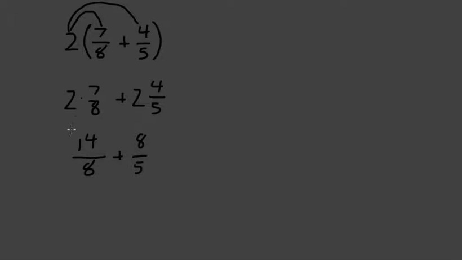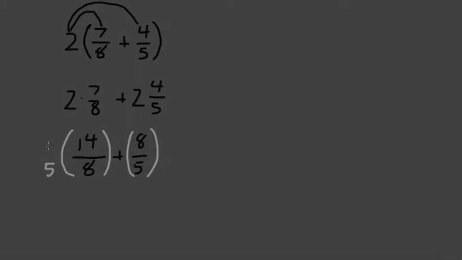Okay, and then you're going to plus them together, and when you plus them together, you need to find a common denominator, and you want it to be the smallest common denominator or the least common denominator, and in this case it's 40. So we need to times the top and the bottom of both the fractions in order to get 40. So what equals 40? Well, 8 times 5.